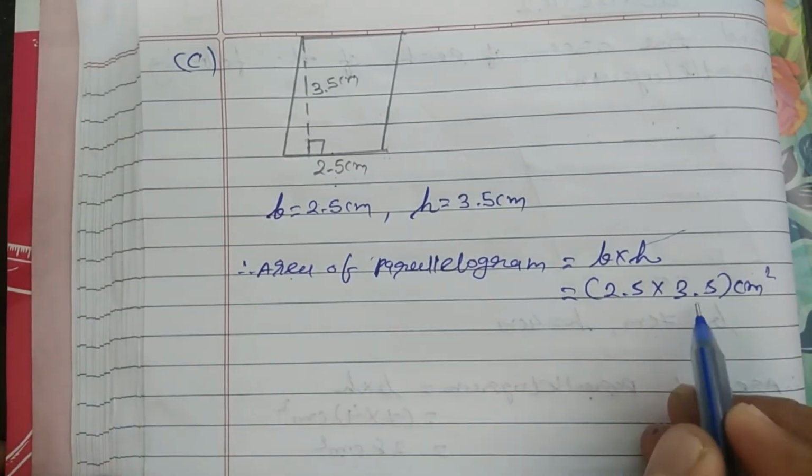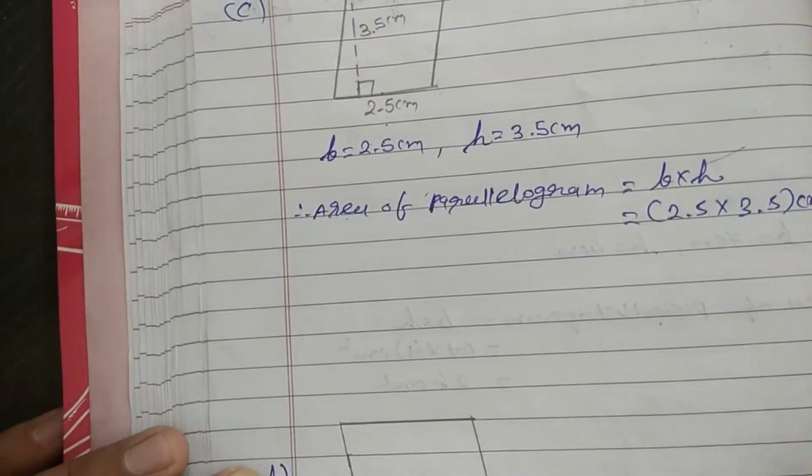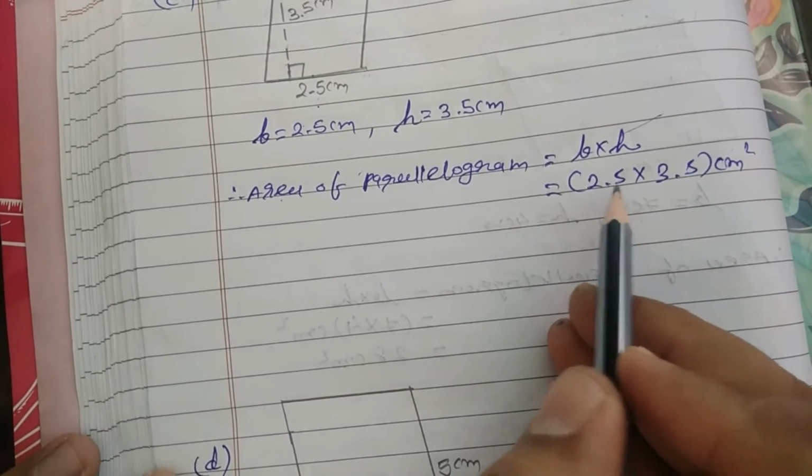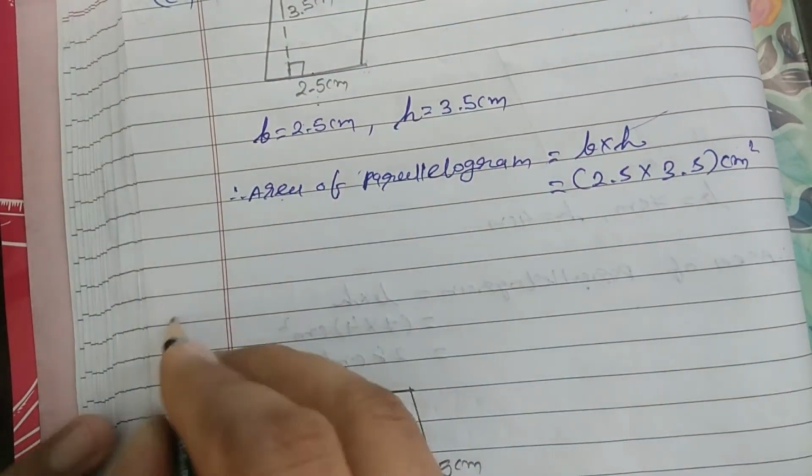Now here these two numbers are decimal numbers, so we will do the multiplication of decimal numbers. So this 2.5 we will write 25, and for 3.5 we will write 35.